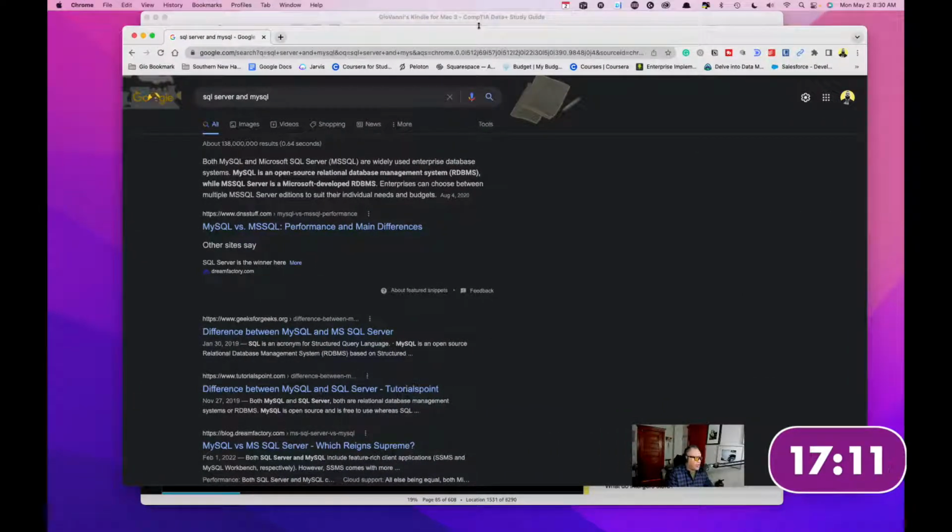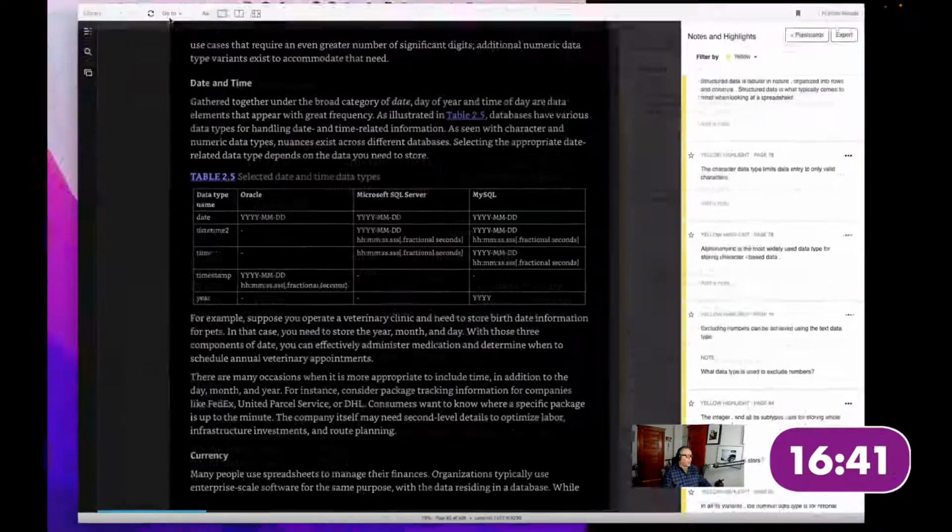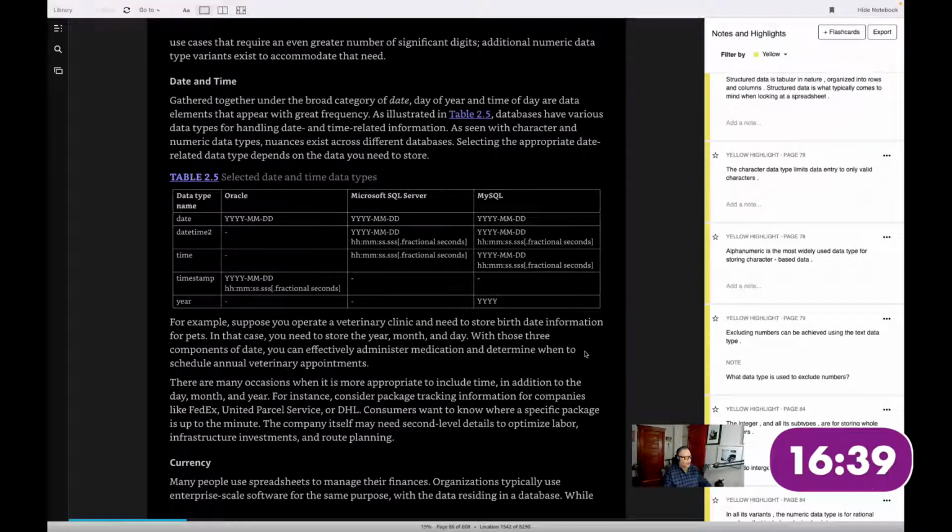And for those of you that may not be able to see, both MySQL and SQL Server are widely used enterprise database systems. MySQL is an open source relational database, while SQL Server is Microsoft developed. Okay, so that's the difference. One is open source and one obviously is owned by Microsoft. But they function similarly at the enterprise level. Okay.